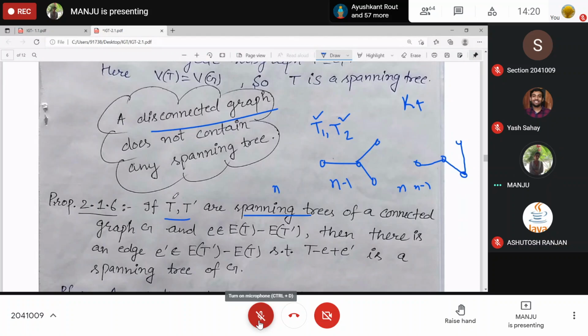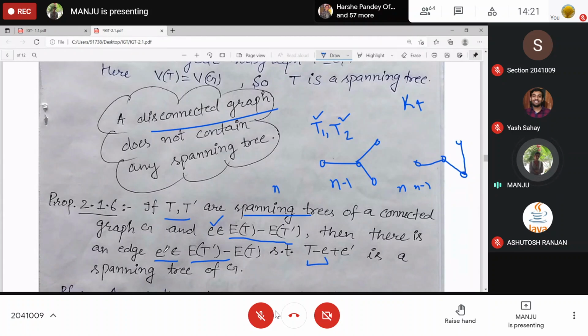That is, T and T dash are spanning trees of a connected graph. If you take any edge e which is only present in T, then there will also exist an edge which is only present in T dash, such that if you remove e from T, it will be disconnected.